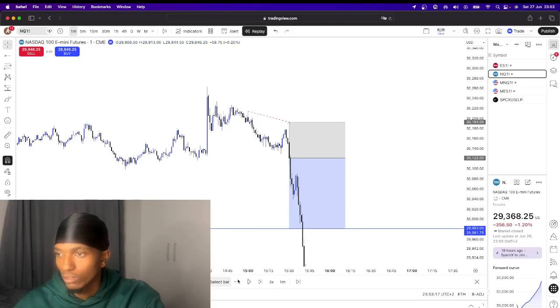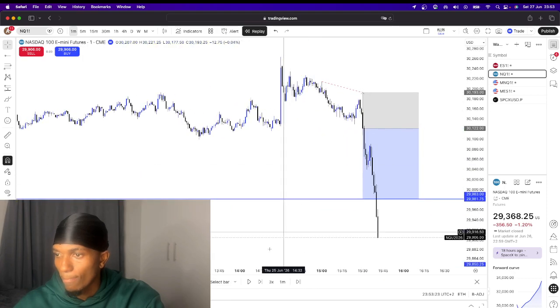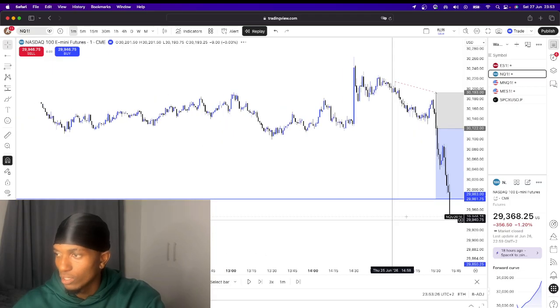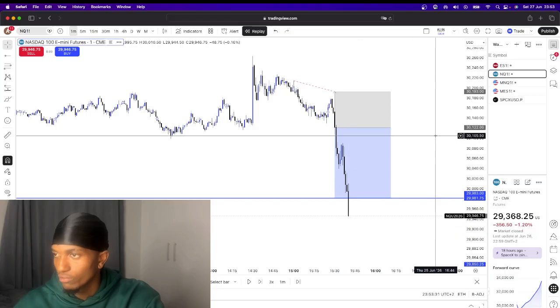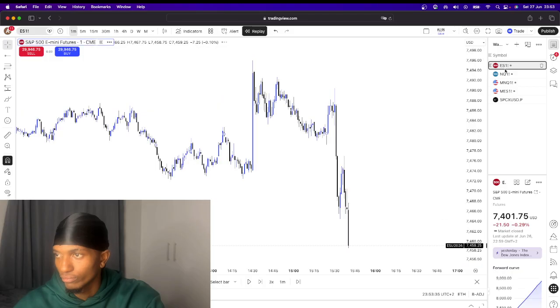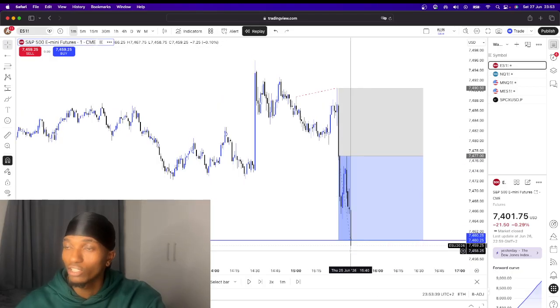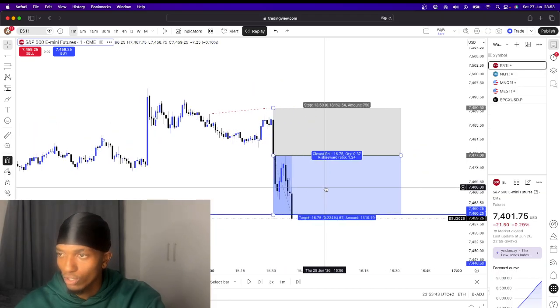Okay, so hit our TP there. Okay, so let's see, it was 1540, then this side, lovely, even this side it was hit, you see. So now what do we notice?